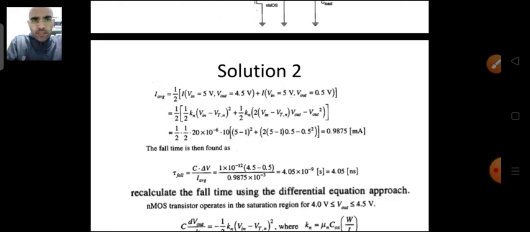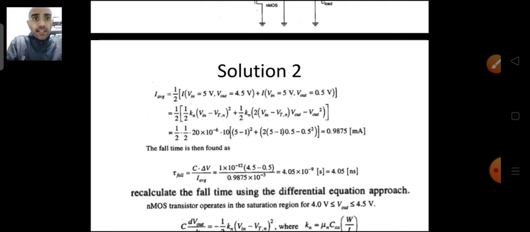Now there is nothing new. You see the same thing which we have seen earlier. During the range where VDS is greater than VGS minus VTN, our transistor will work in the saturation region, and thereafter it will work in the linear region.